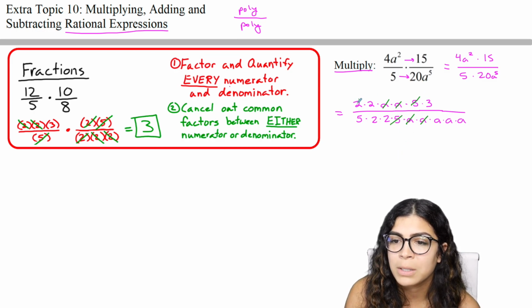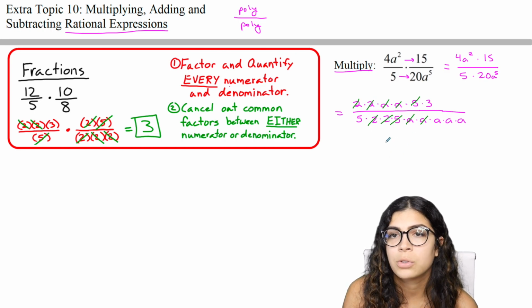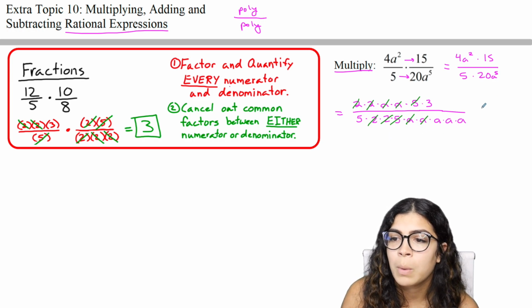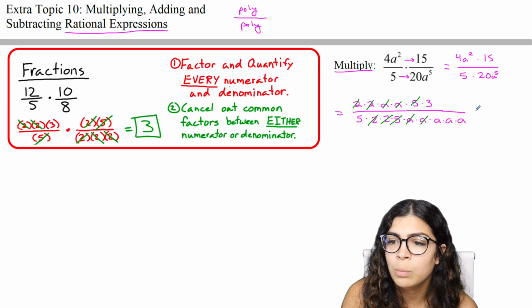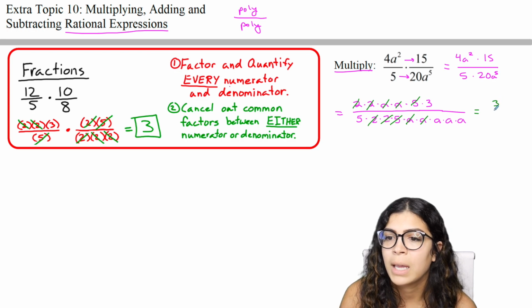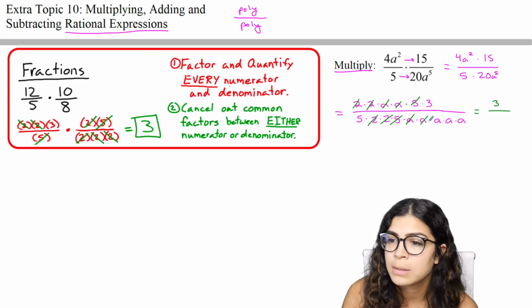We have 2 divided by 2 that would cancel, and another 2 divided by 2 that would cancel. And those are the only common factors in the numerator and denominator. So what we're left with in the numerator is just a 3, and in the denominator 5 times a times a times a, which would be 5a cubed.